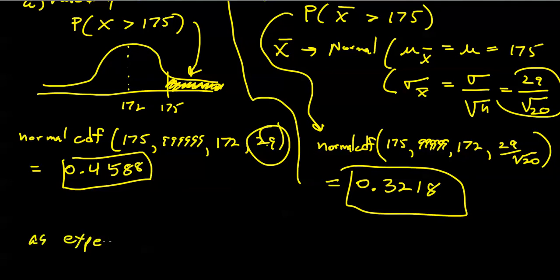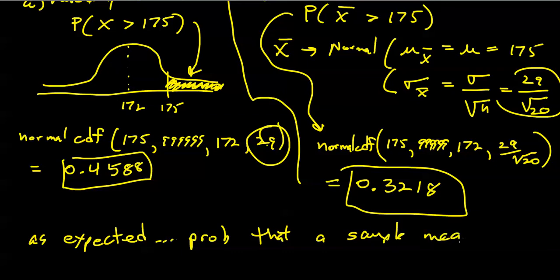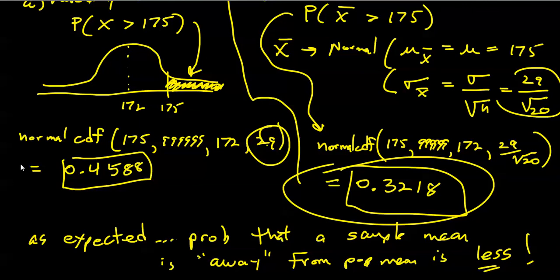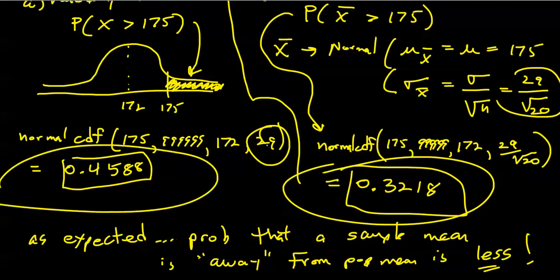As expected, the probability that a sample mean is, I'll just say it informally, away from the population mean is less. Okay? Certainly this number is less than the answer we got from part A.